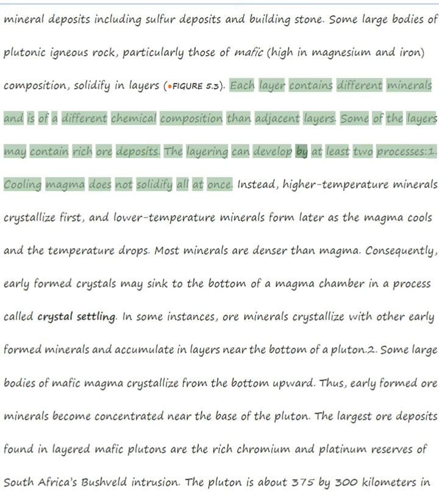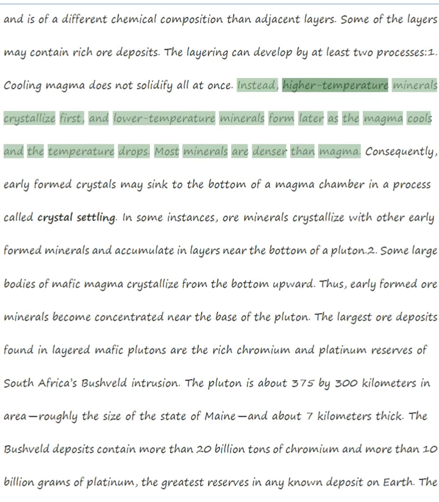The layering can develop by at least two processes. 1. Cooling magma does not solidify all at once. Instead, higher temperature minerals crystallize first, and lower temperature minerals form later as the magma cools and the temperature drops. Most minerals are denser than magma.